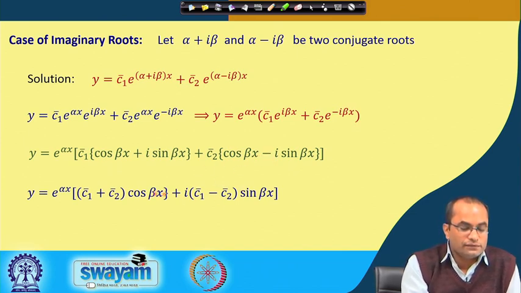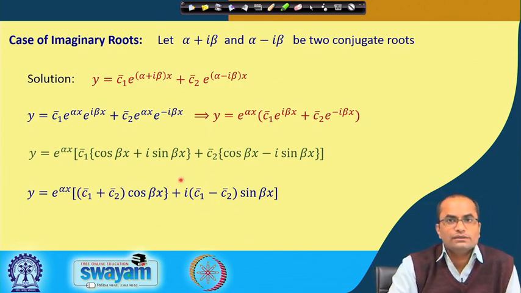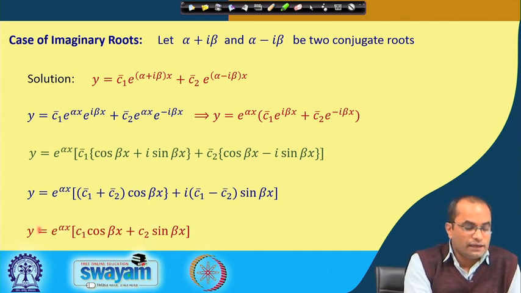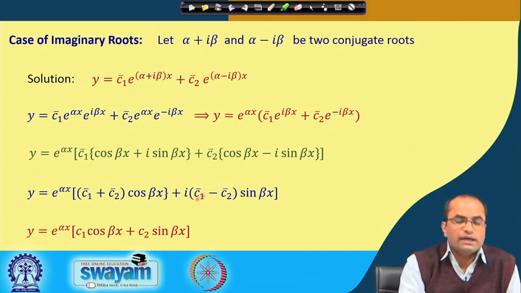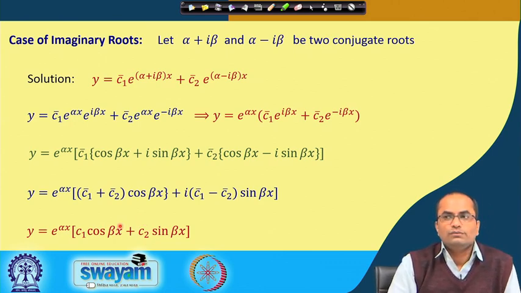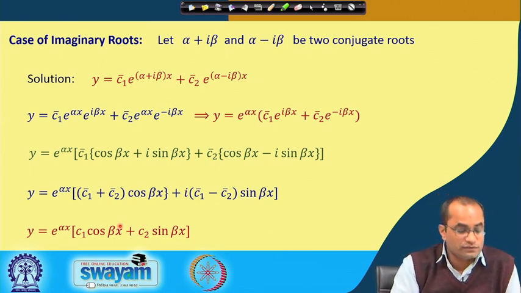So, we have now these two new constants, C 1 bar plus C 2 bar, and also i times C 1 bar minus C 2 bar, and here y is equal to e power alpha x, and we have now renamed these coefficients, C 1 bar plus C 2 bar as C 1, and C 1 bar minus C 2 bar with the i itself, we have given another name, C 2, because these two are now arbitrary constants.